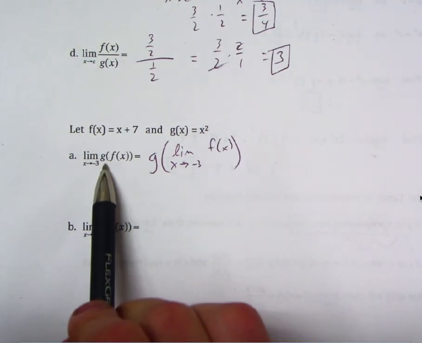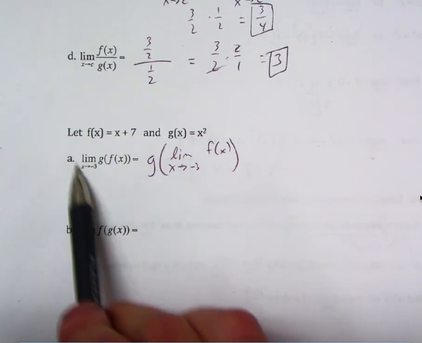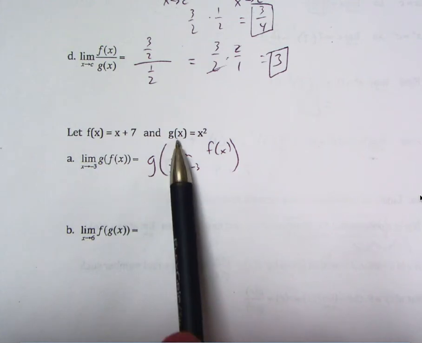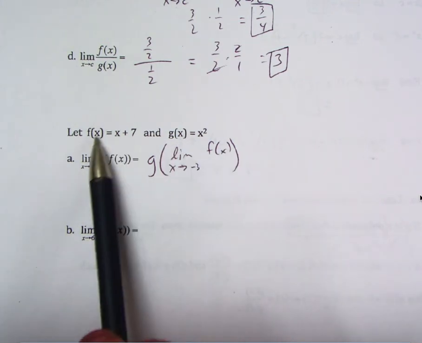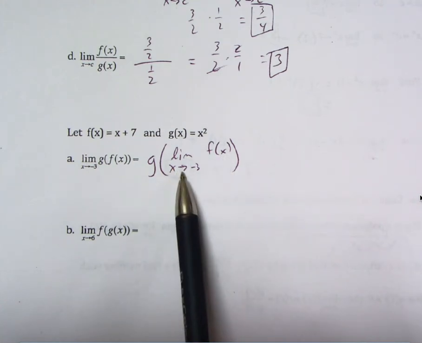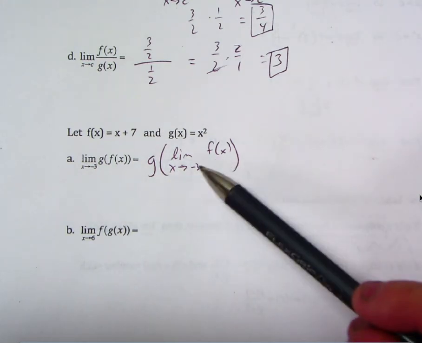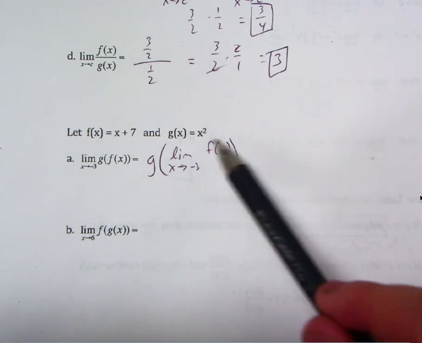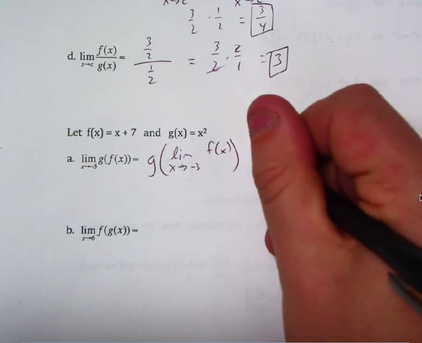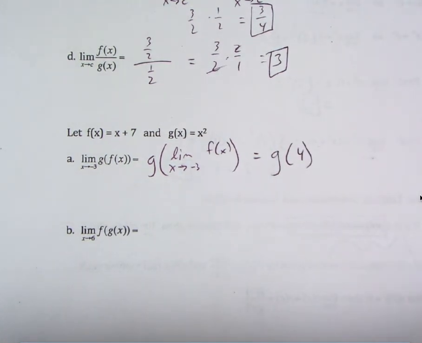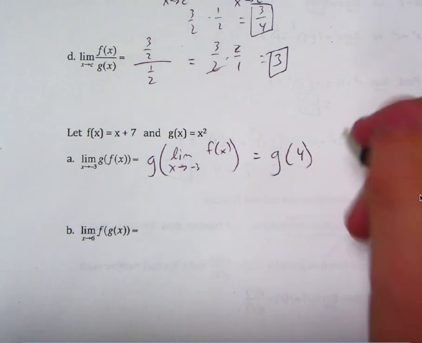So you could take that outer function and just have it be g of this limit here. And so now we can find this limit. They tell us f is x plus 7. So the limit of f as x approaches -3, well, let's direct substitute. Let's put -3 into the f function, and we get 4. This limit is 4. And so now we're looking for g of 4. Well, g of 4 is 4 squared, so 16.